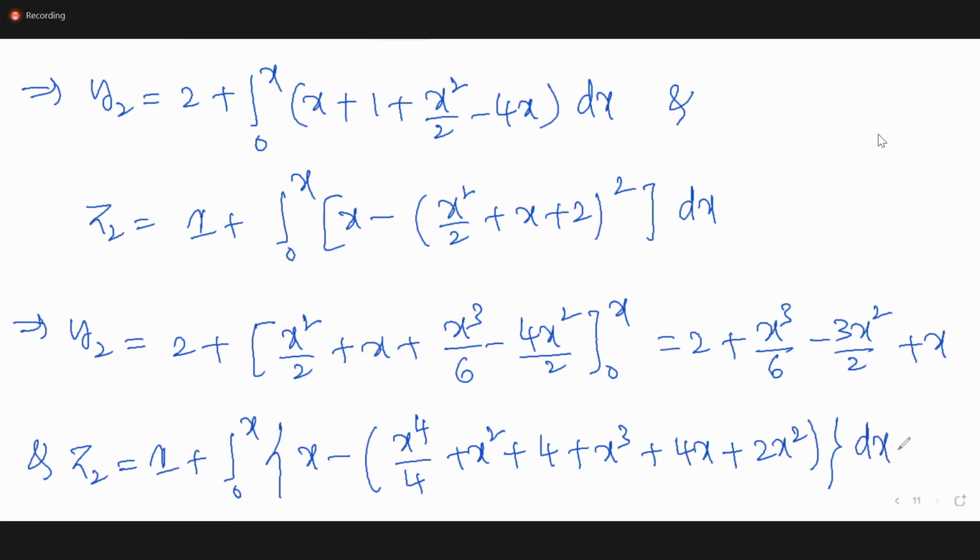Is it clear? A square plus b square plus c square plus 2ab, 2 into x square by 2 into x, 2 gets cancelled, x square into x cube plus 2bc 4x plus 2ca 4 into x square by 2, that is 2x square. Simplify.